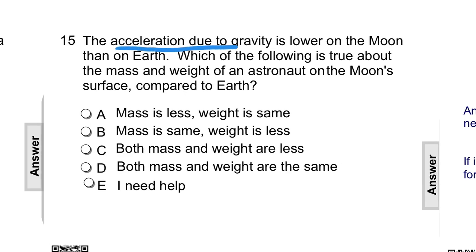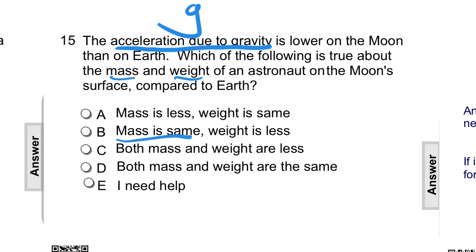Okay, the acceleration due to gravity, you know what that symbol means. Little g is lower on the moon than on Earth. What's true about the mass and weight of an astronaut on the moon compared to the astronaut on the Earth? Well, the mass is the same, like I said.